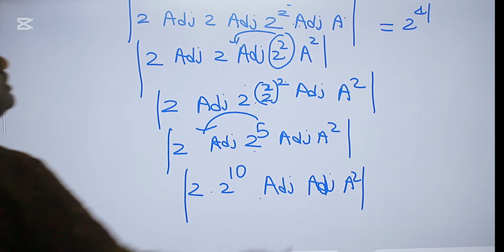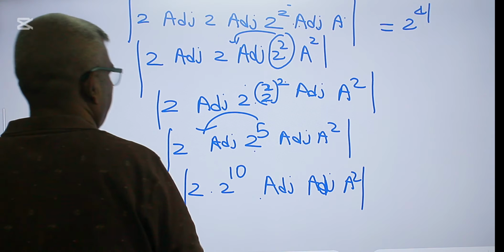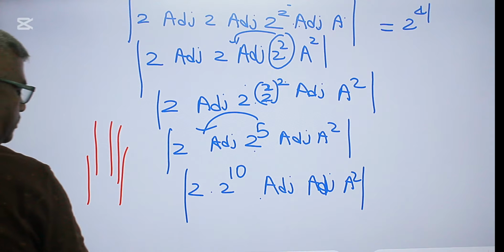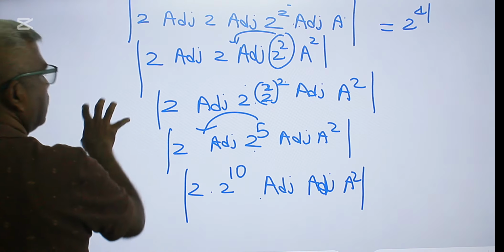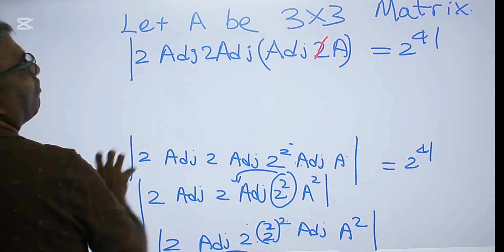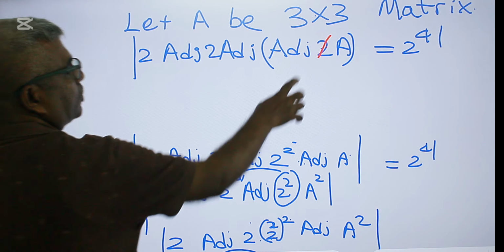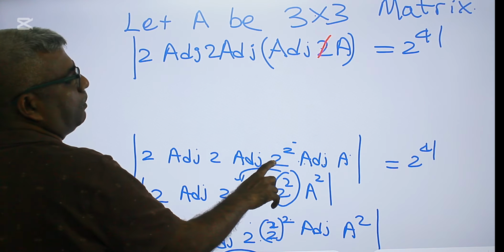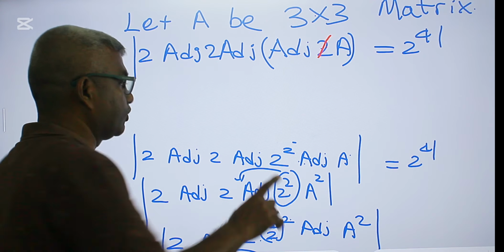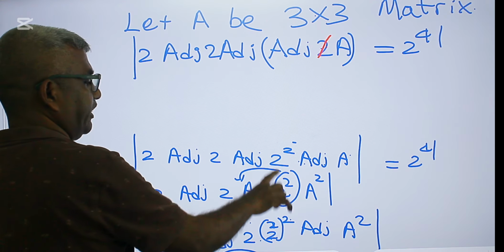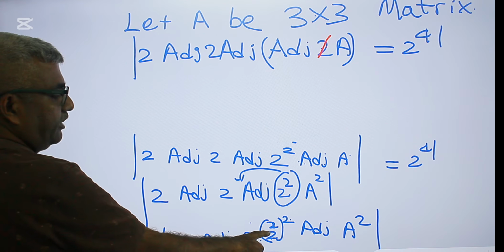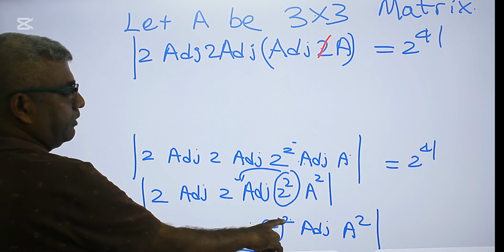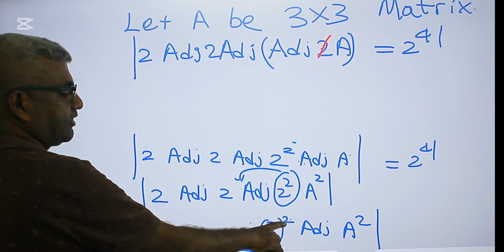Okay, first that 2, first this 2 we take out. So when you take 2 out, it will be 2 power n minus 1, which is 3 minus 1 is 2, square. Then it is 2 square. Then this 2 square is moving. 2 square power 3 minus 1, it is 2.